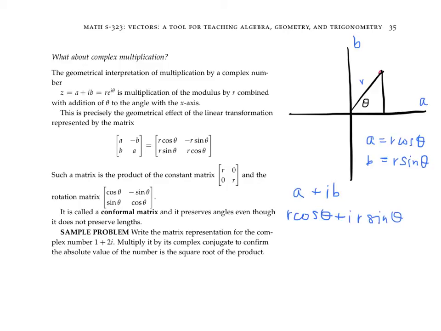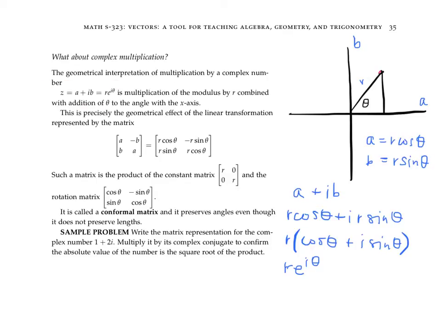And if we factor out the r's, we end up with r times cosine theta plus i sine theta. And by Euler's formula, that's equal to r times e to the i theta. If you'd like a proof of the fact that cosine theta plus i sine theta is equal to e to the i theta, I am more than willing to do that for you, but I'm going to skip it for now. So that's where this comes from.